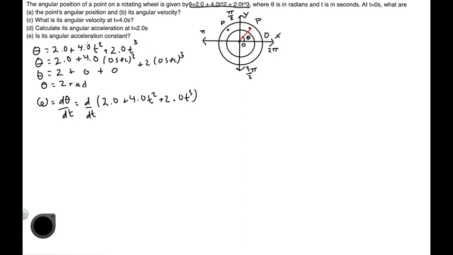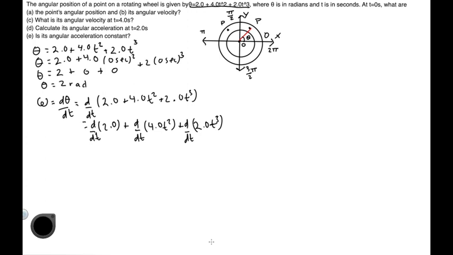So when taking the derivative of a polynomial, we can break it up into smaller derivatives, right? So we can say that this derivative is equal to the derivative of 2 plus the derivative of 4t squared plus the derivative of 2t to the third power, right?